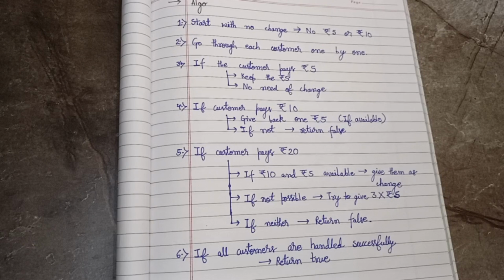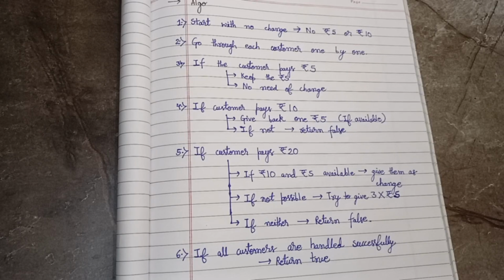Now, on carefully understanding the question, we can realize that every time we have to deal with one customer. So we don't have to worry about the future customers and their changes. We have to just satisfy the present customer.